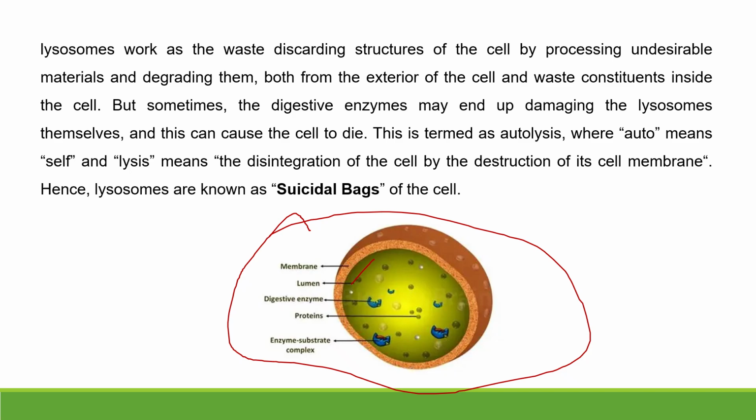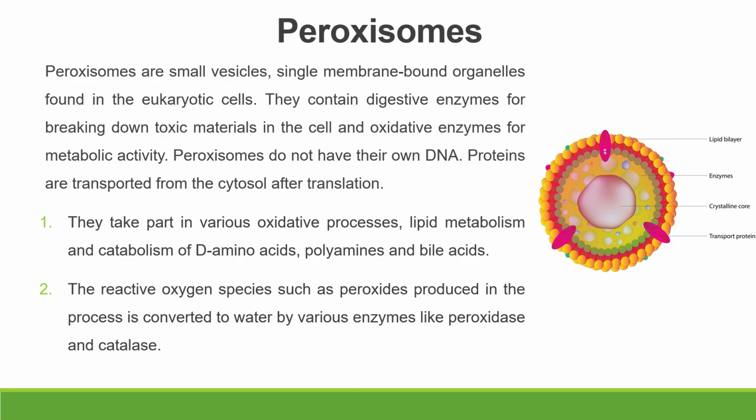If anyone asks what is autolysis, you can say that the cell itself is destructing. Because of this reason, we call lysosomes the suicidal bags, which help with the degradation of the waste material present inside the cell.